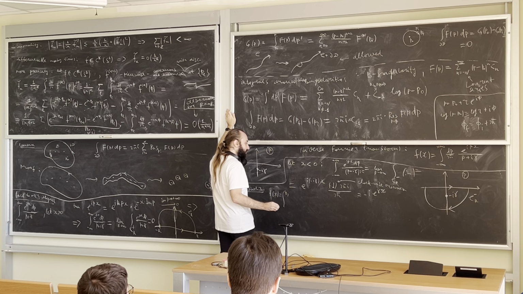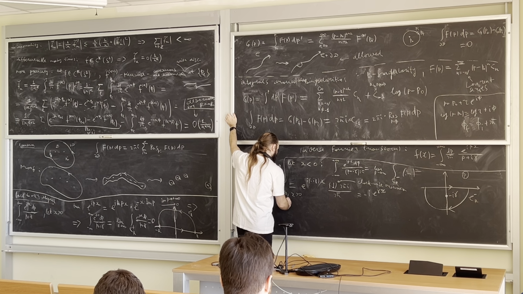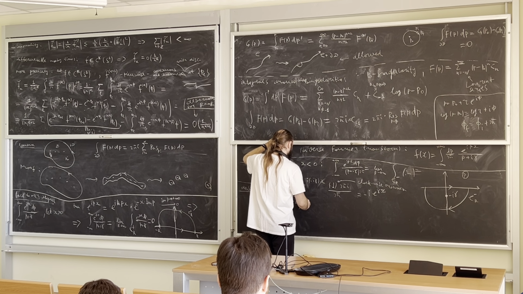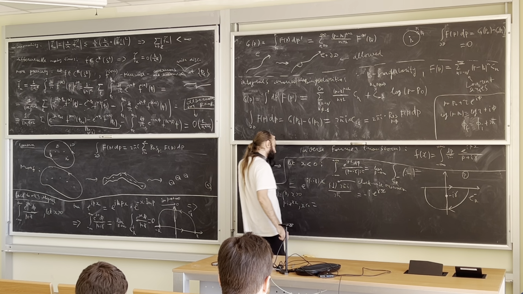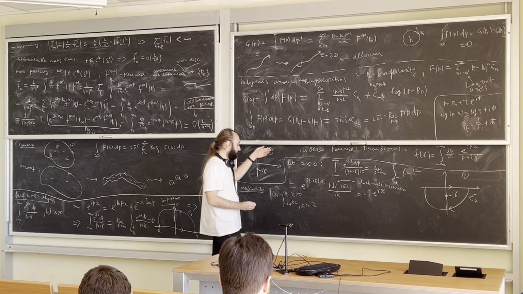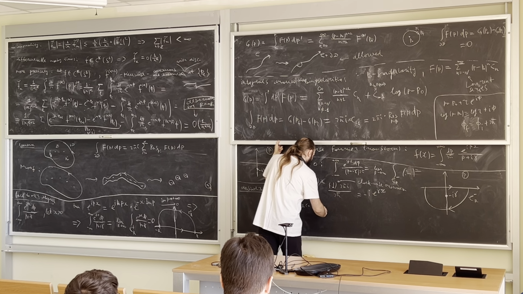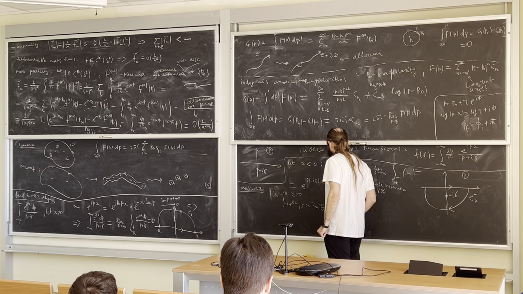It is 0 for a positive x, and it is minus i e to gamma x for x negative. So we can write it equivalently as minus i Heaviside theta of minus x times e to gamma x.